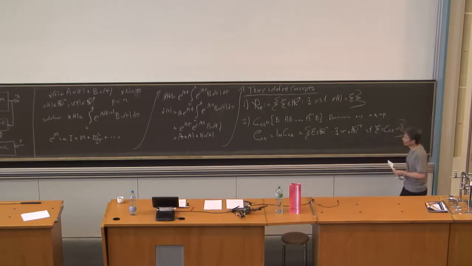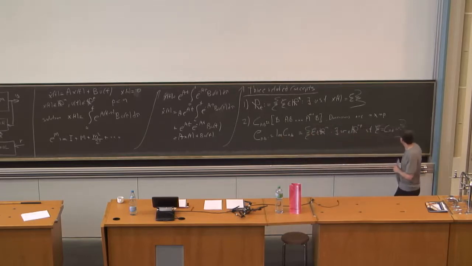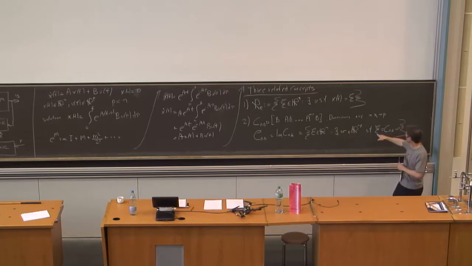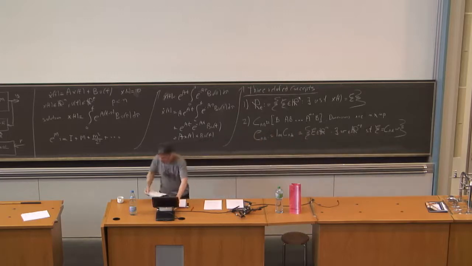Okay, this is nothing but the definition of the image space of a matrix: if you can find a w that when you multiply this matrix by w, you get xi. Okay.